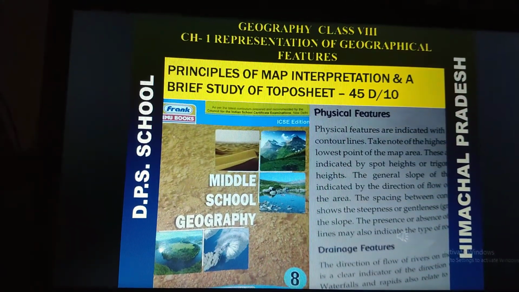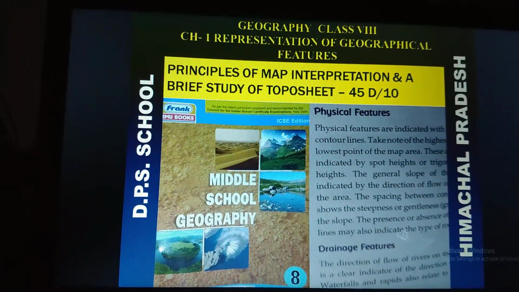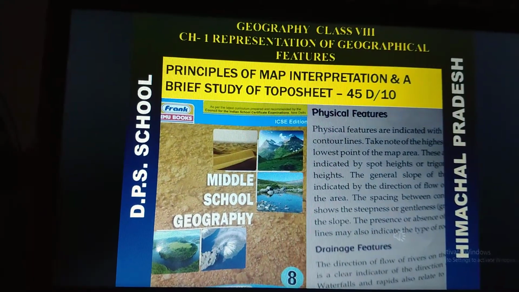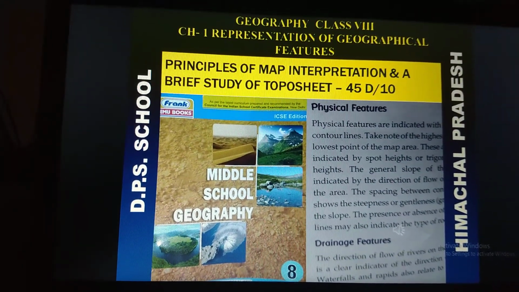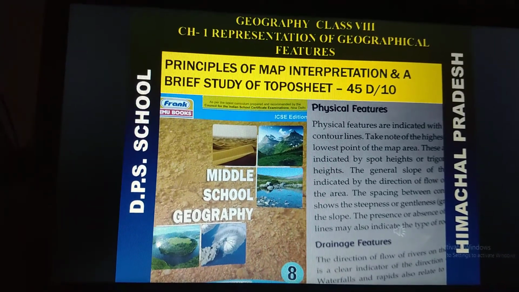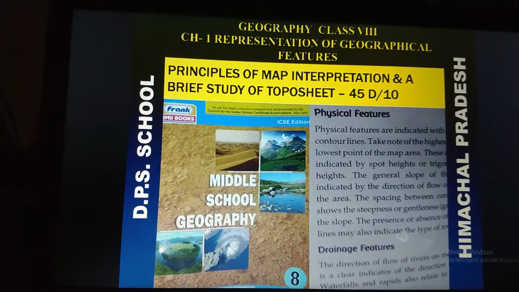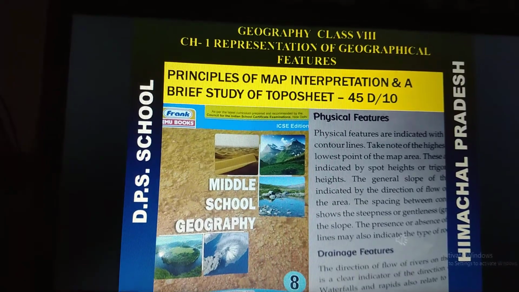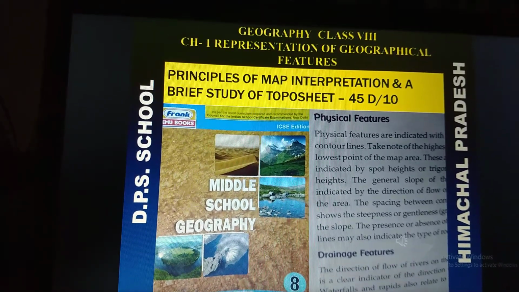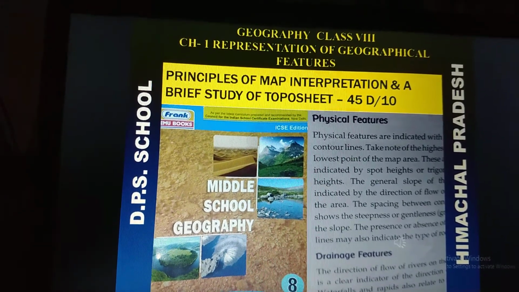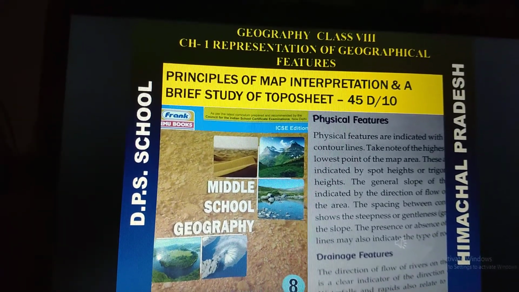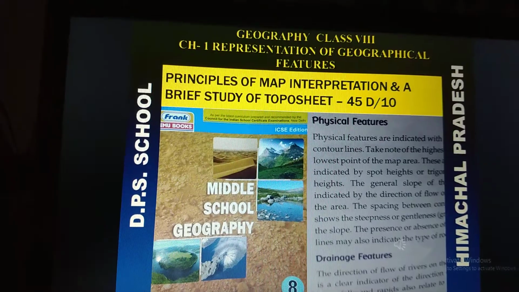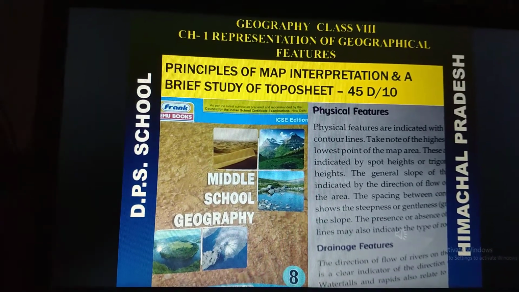Then coming to the land use. Now, what do you mean by land use? Land use is to find out the distribution of the cultivated lands in the area. Look out for the forested lands and the different parts of the map they occupy. For example, the tree symbols can also indicate the climate.